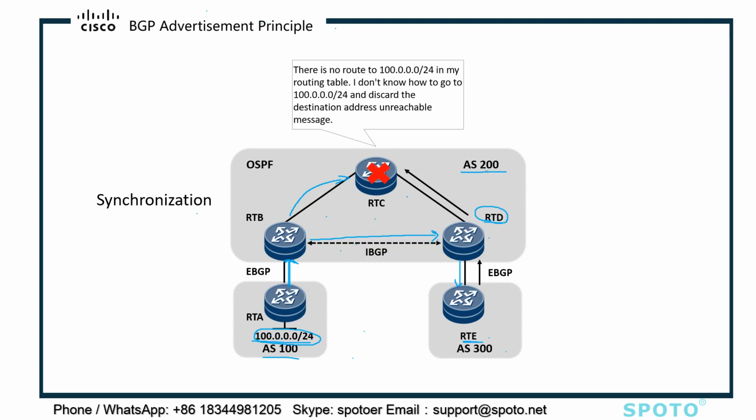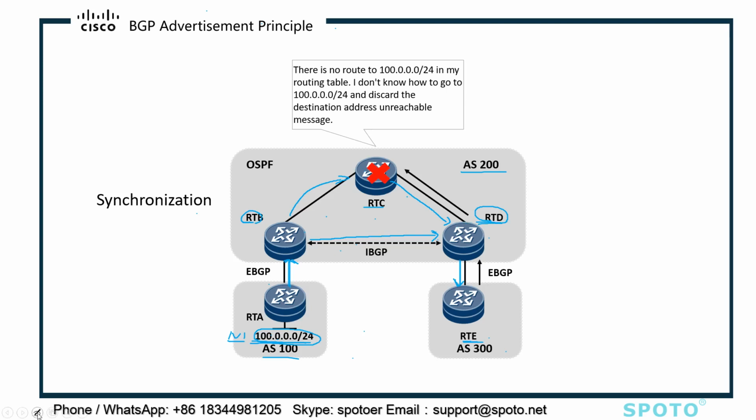We have run the OSPF protocol, so RTC can know the destination RTD and can forward this packet to RTD. When RTD receives it, it advertises this route to its IBGP neighbor, RTE. So finally, RTE can receive the route information about network 1. The network segment is advertised successfully, because in RTB the next hop of this route is RTD, so RTC can forward it.